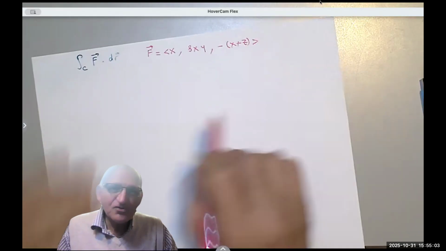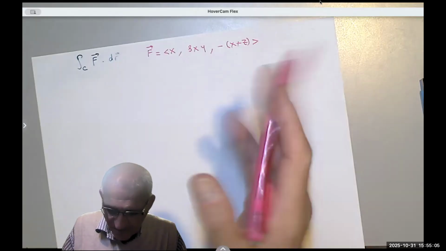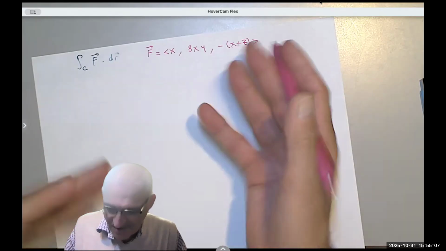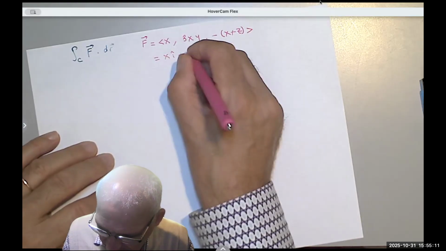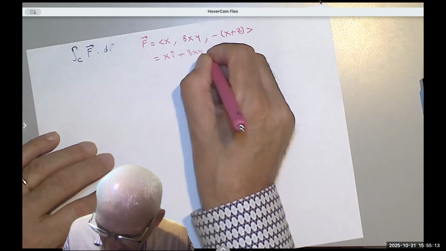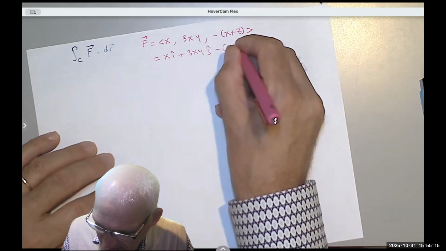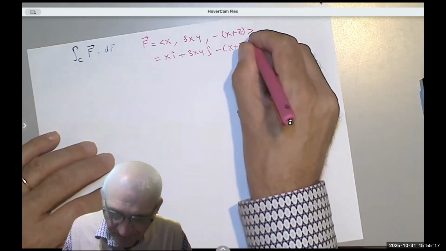I usually prefer to write these in vector form. Mathematicians usually like this form, so I would say xi plus 3xyj minus (x plus z)k.